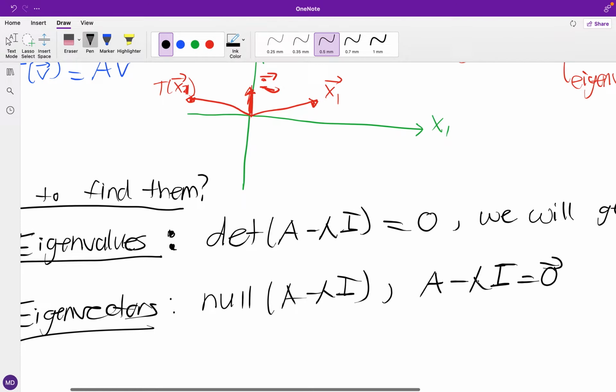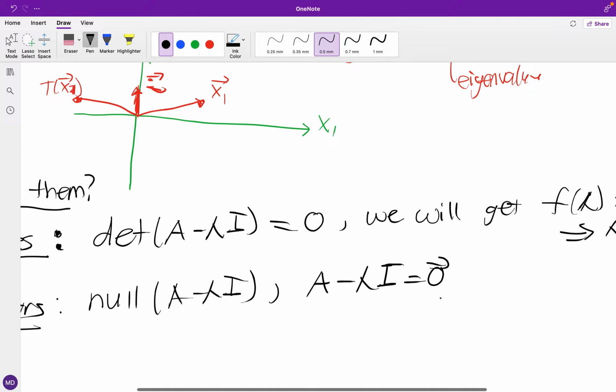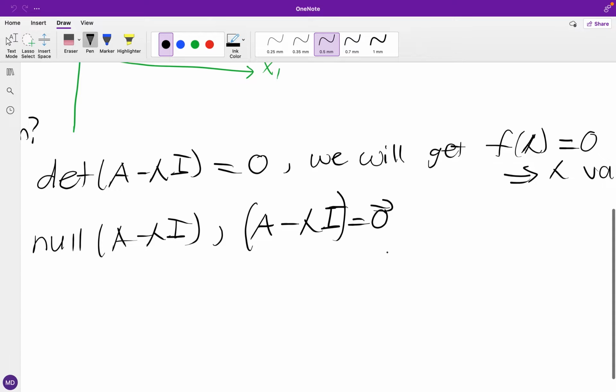And if you remember how to solve linear equations, you'll notice here that A minus lambda I is just a matrix, and we're trying to solve for some vectors v such that A minus lambda I times v is equal to 0.